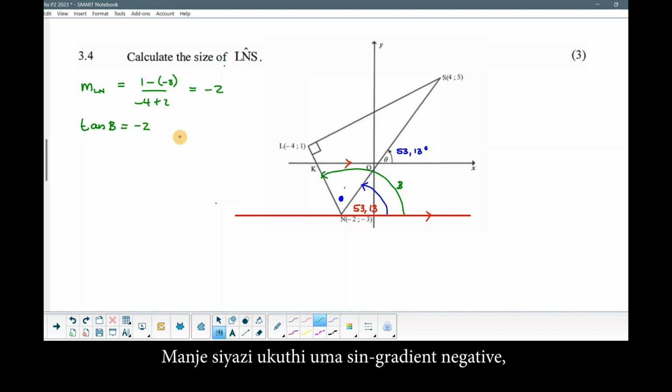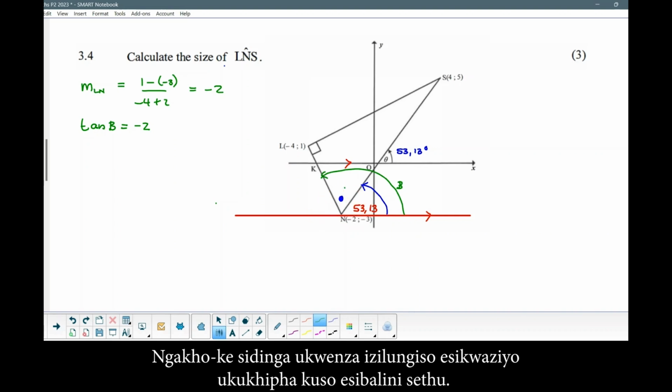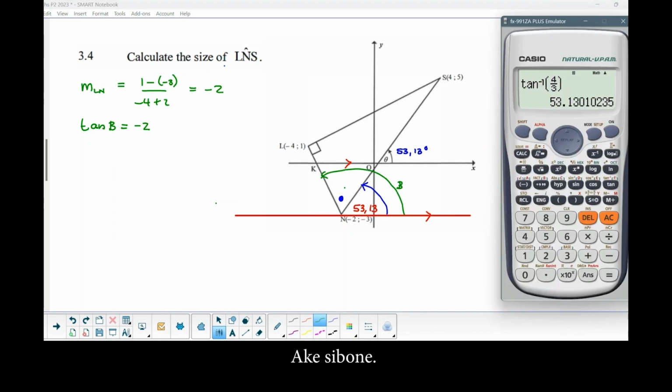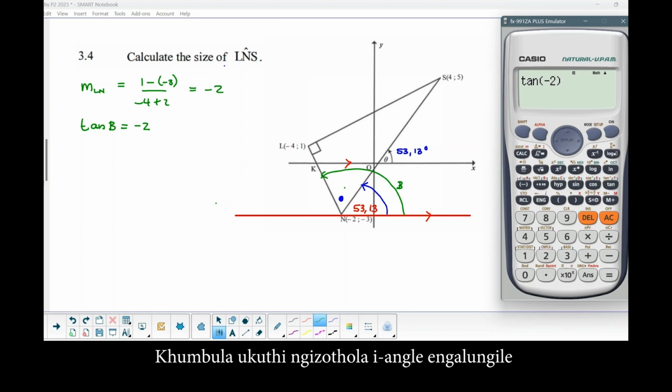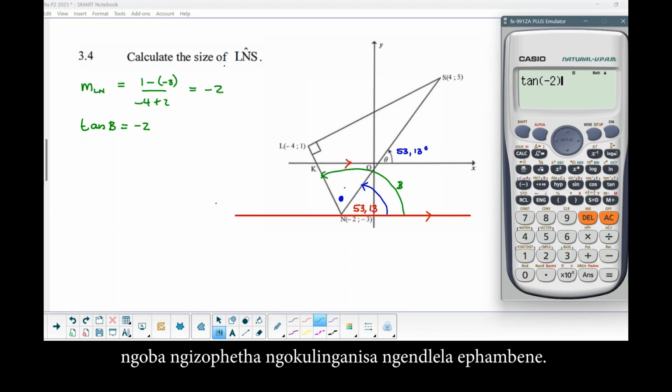Now we know that when there's a negative gradient, we are going to get an angle in the reverse direction, so we need to do an adjustment on what we end up with on our calculator. So let's have a look. If I go shift tan, and this time I'm looking at -2 as my gradient. Remember, I'm going to get a negative angle because I will end up measuring in the opposite direction.